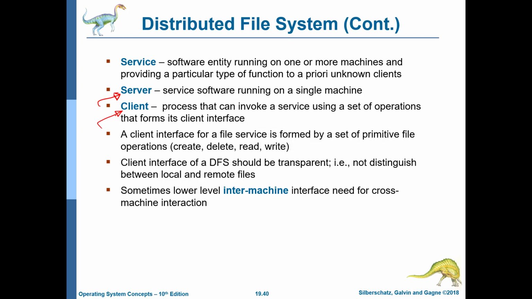To ensure that NFS looks like a regular file system, it has been made more or less compatible with the Unix file system, where we can create a file, delete a file, read, write, and so on. So the client interface as such is transparent. We have discussed the issue of mount points long back.